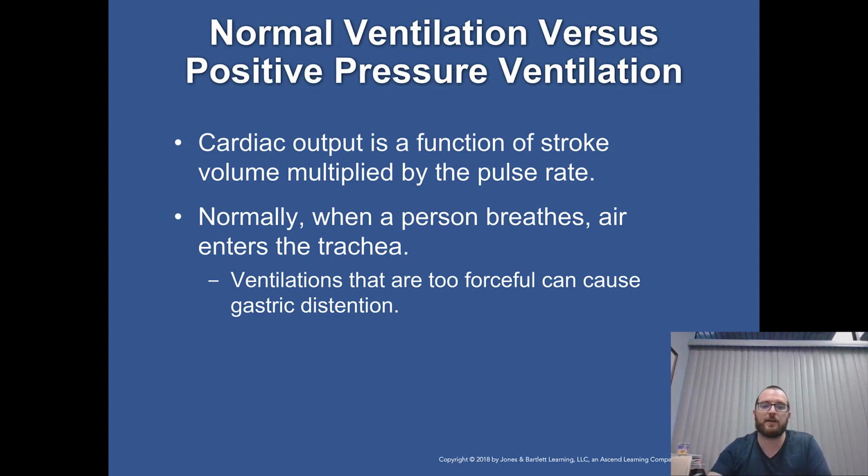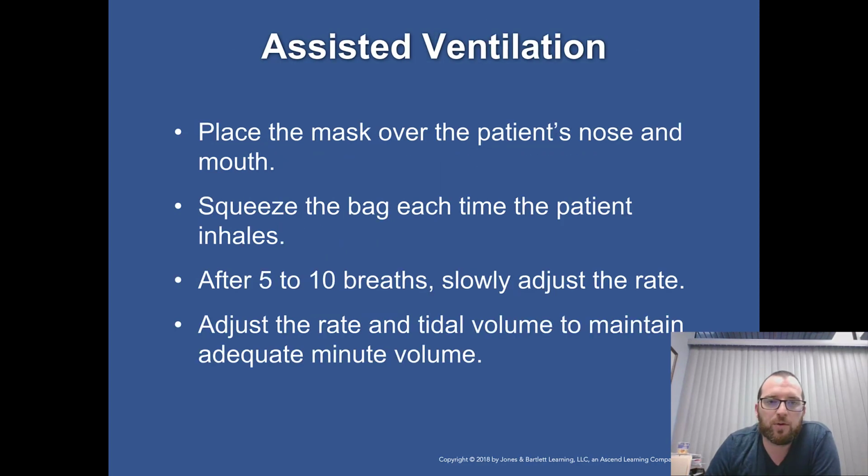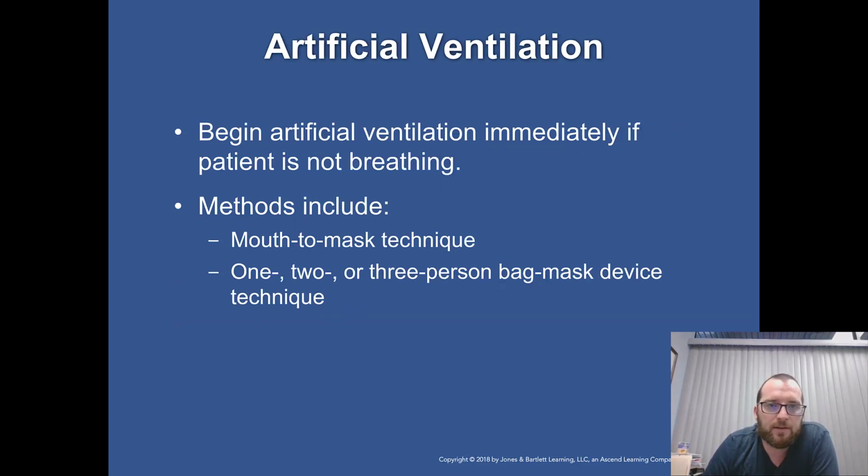We're going to force some of that air down the esophagus into the stomach and cause gastric distension. That gastric distension is bad because as air pressure fills up in the stomach, it pushes the diaphragm higher and higher, which restricts the amount of space that the lungs can fill up with air. All right.